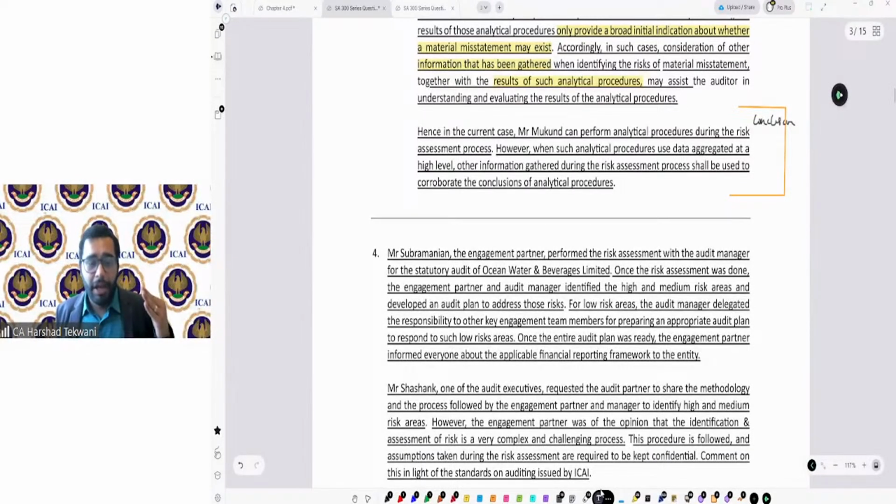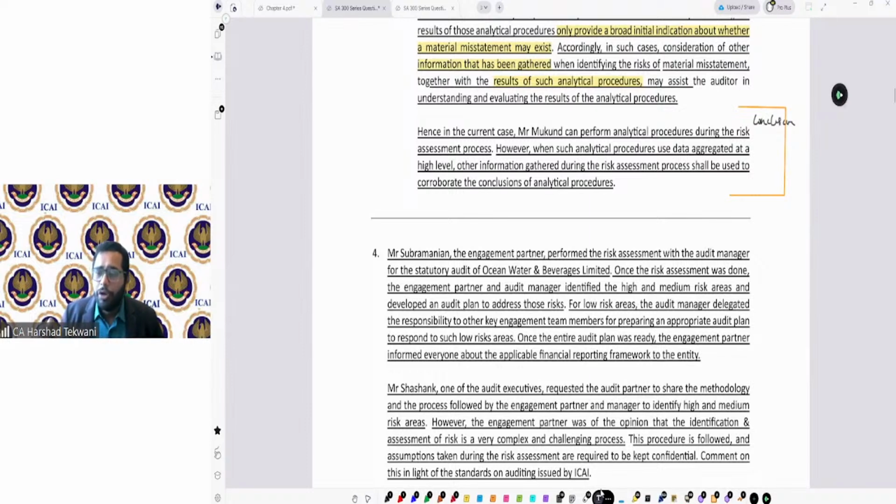Now, first of all, in these kinds of scenarios where you don't have a clear-cut question available, like on what thing you need to comment, what is the problem here, what we need to focus upon, identify the things that have been done by someone in the question. In the question, it will be given that this person has done this, this person has done this.